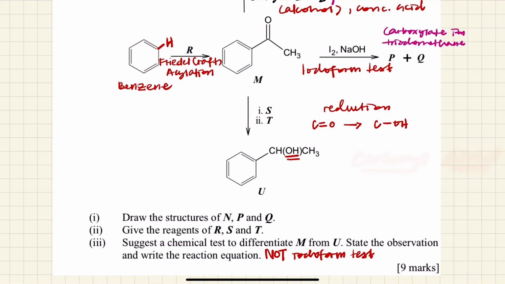If you look at your answers, you can use Brady's test or Lucas test. Make sure to state the observation clearly, and write the reaction equation for both reactions. So that's question number 1.